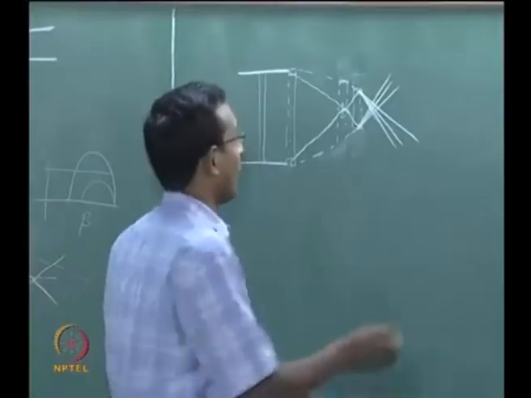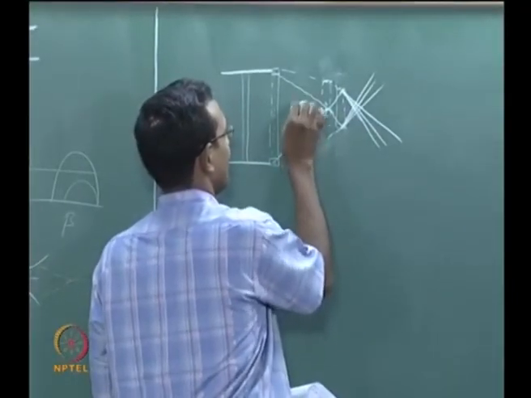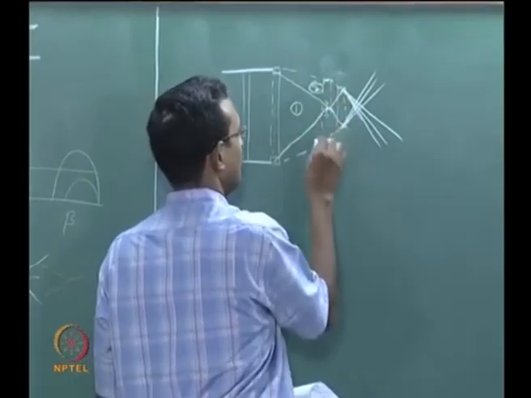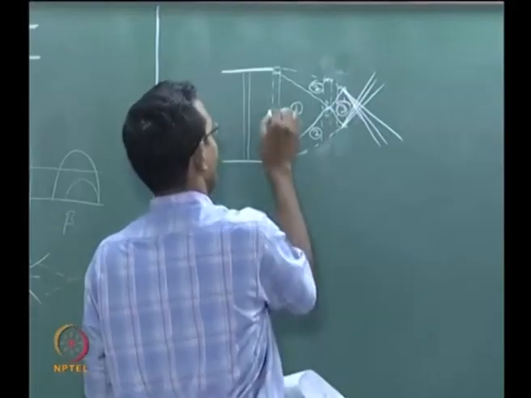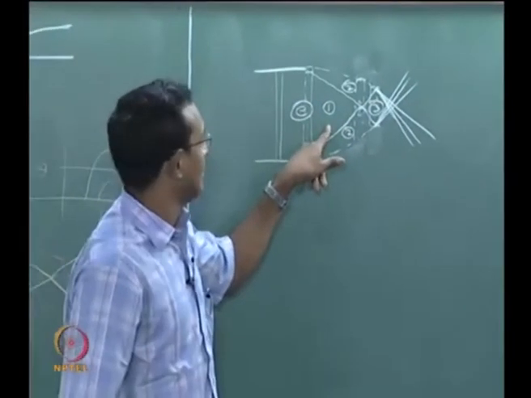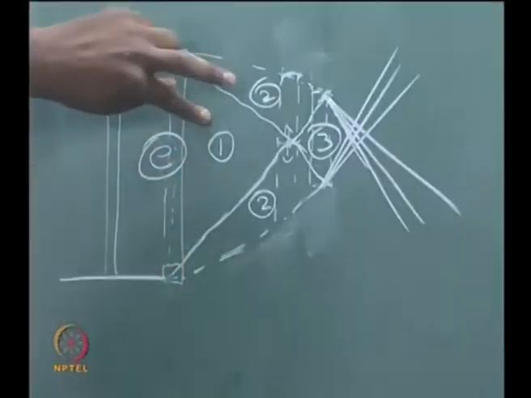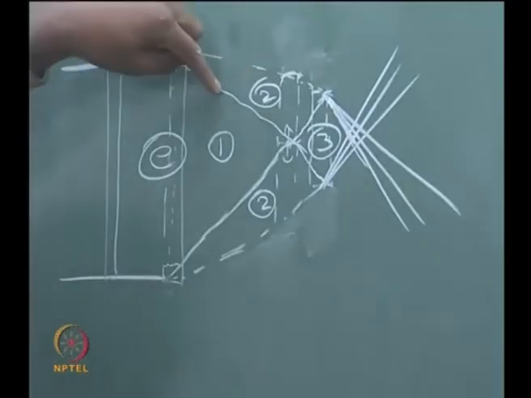Why? Because I will label the regions here. This is 1, 2, this is also 2, this is region 3, and E is same as region 1, there is no change here, and from 1 to 2 the pressure has become equal to back pressure, that is the idea of the shock.